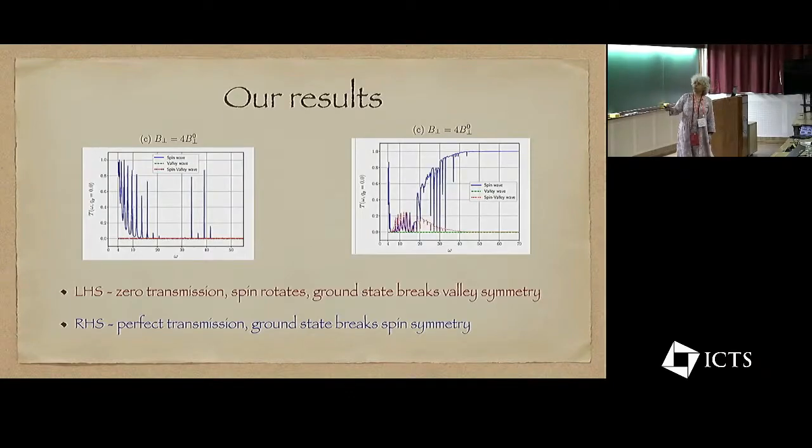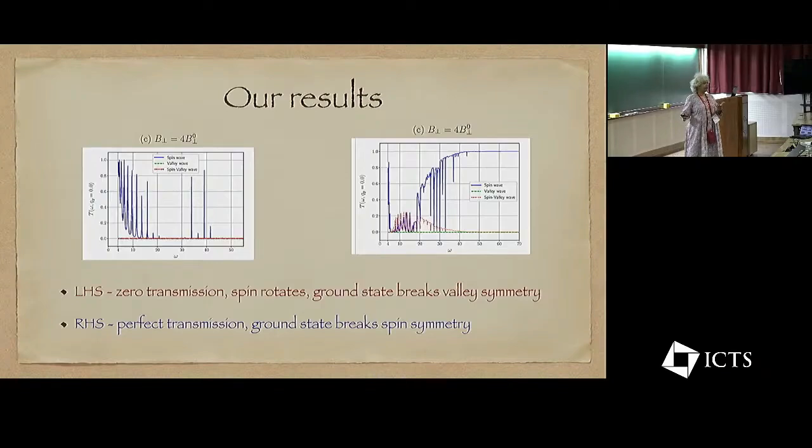So our results are that we can have either zero transmission or full transmission, a binary result. If the spin rotates, then the ground state breaks valley symmetry. If the valley rotates, then you get perfect transmission and the ground state breaks spin symmetry.